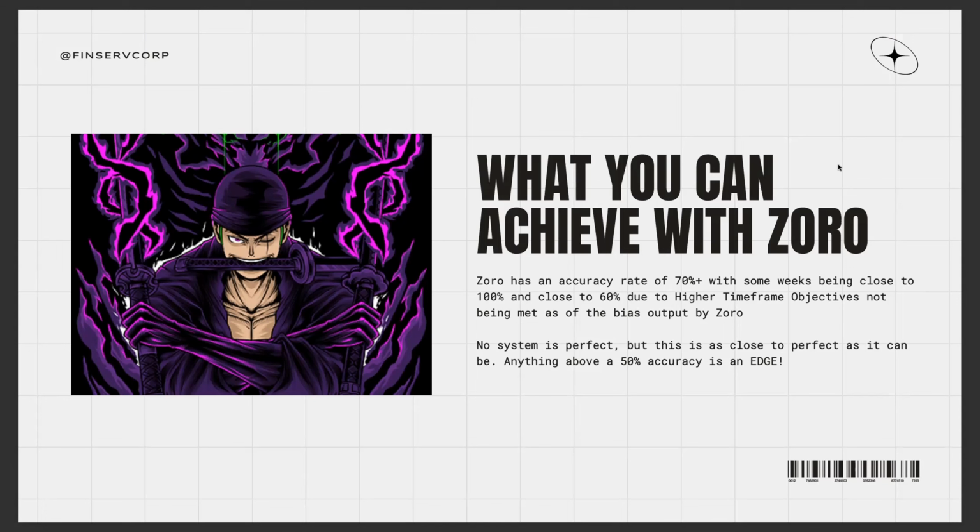What this will do is help you to hone your price action skills while using the bias predictor, while using Zoro to get a particular direction in mind. This is all that you need. Now, no system is perfect, but this is as close to perfect as it can get, at least from using my concepts. Because as you all know, anything above 50% in terms of accuracy is an edge.